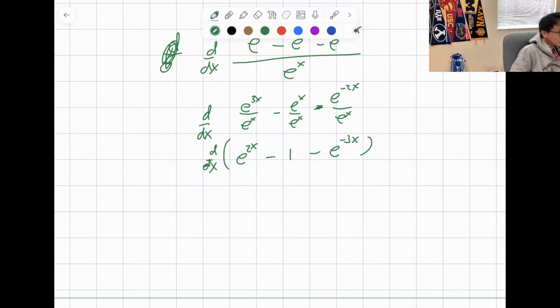So what's the derivative of e to the 2x again? 2e to the 2x. Thank you. Does that make sense? What's the derivative of 1? 0. What's the derivative of e to the negative 3x?